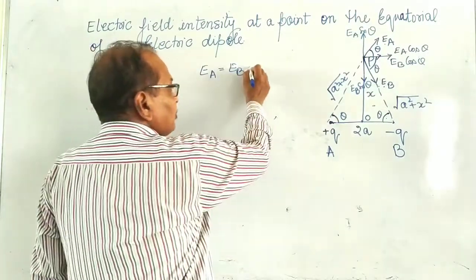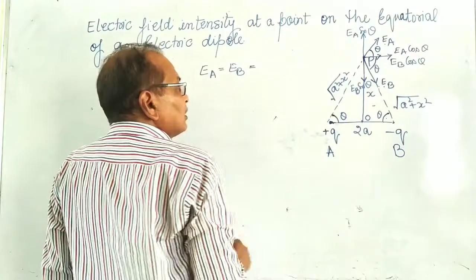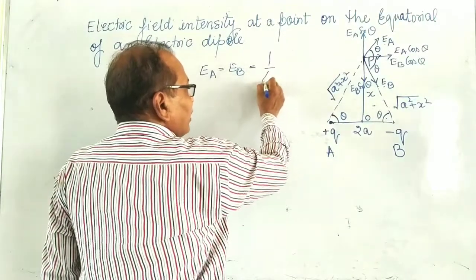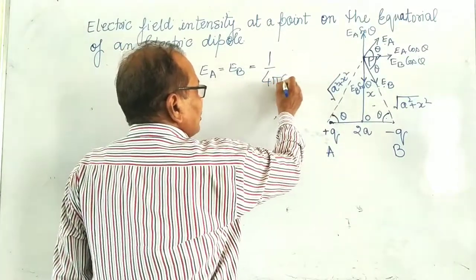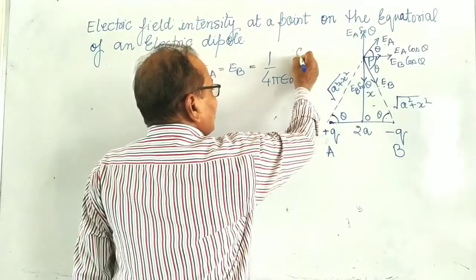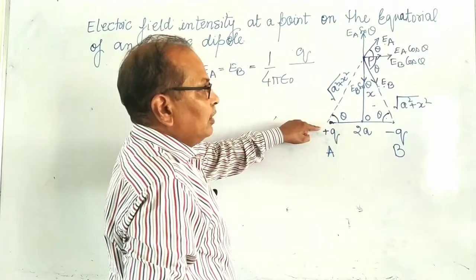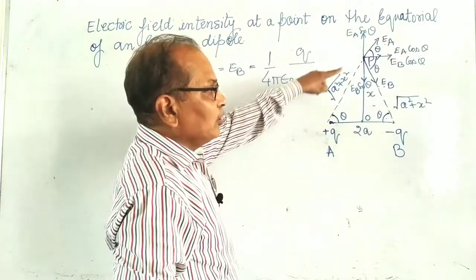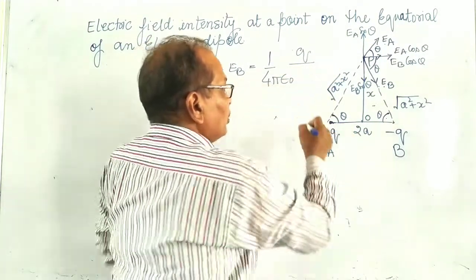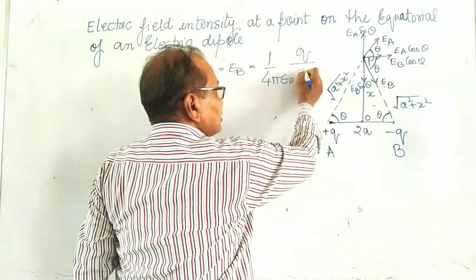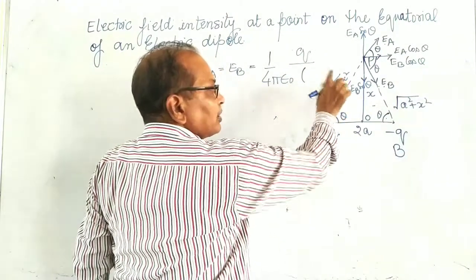And this will be 1 upon 4 pi epsilon naught, Q upon AP, either AP or BP. Then this distance is how much? Under root a square plus x square.